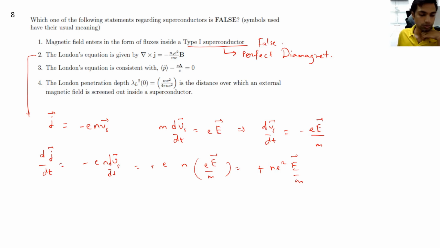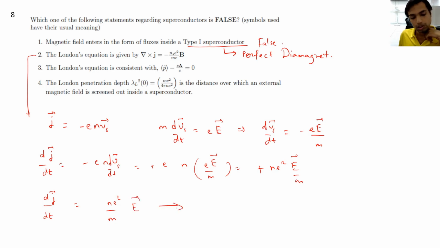So dj over dt is equal to n e square over m E.